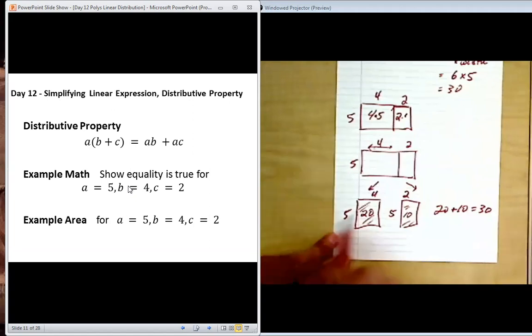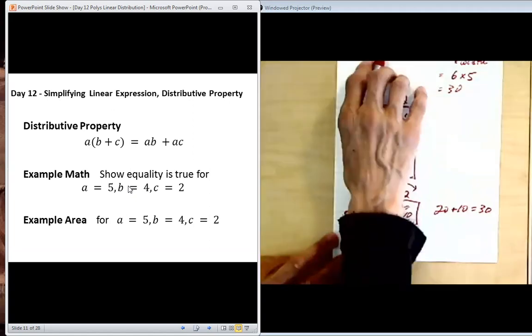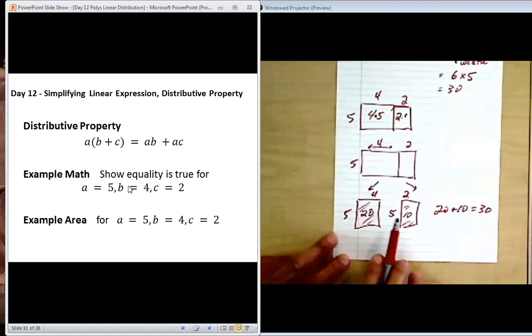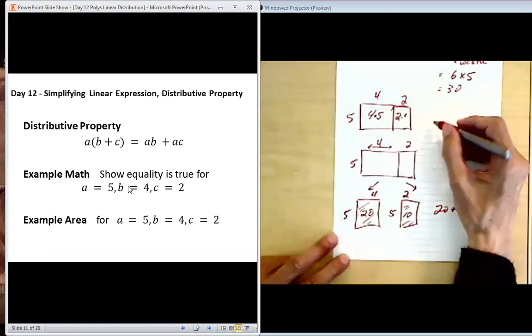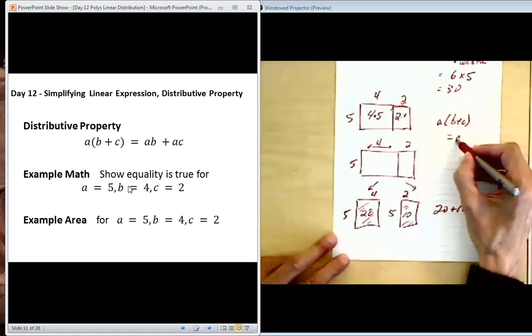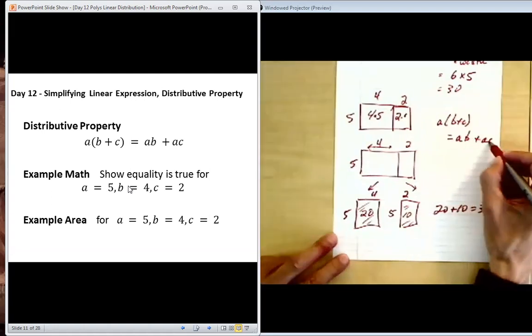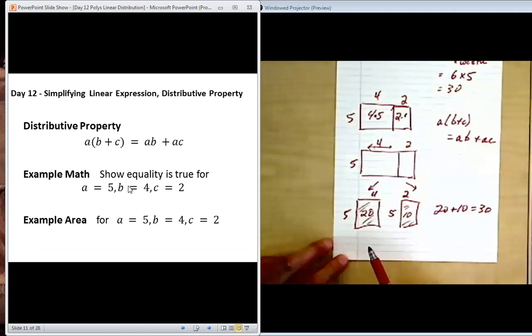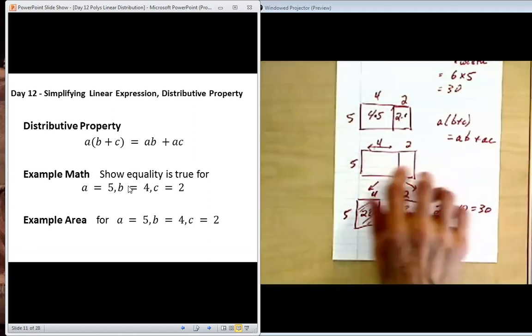See, so you can do it all at once, or you can do it separately. That's kind of what this thing is. So you've got these pictures now related to the equation that's there.